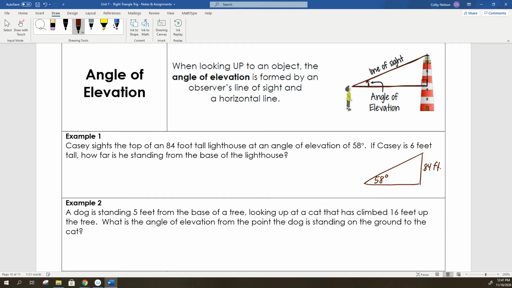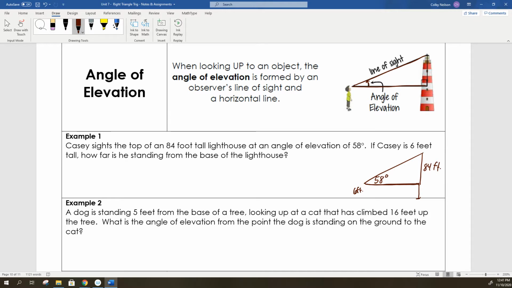Now, if we were going to find out maybe the height of the lighthouse, we have 6 feet to deal with here, right? That might come into play because he's 6 feet tall. We would find out the height of our right triangle and then add our 6 feet.